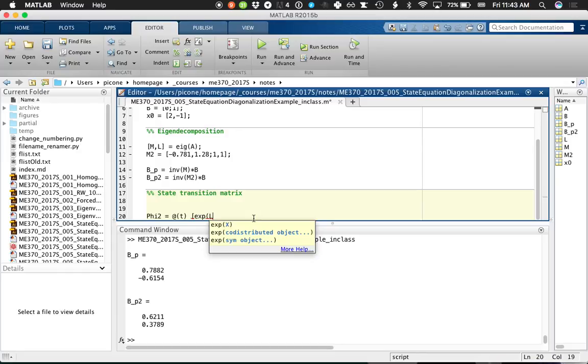So lambda 1 in this case is L of 1 comma 1, the 1, 1 entry times t, 0, and then 0, and then L of 2, 2 times t.